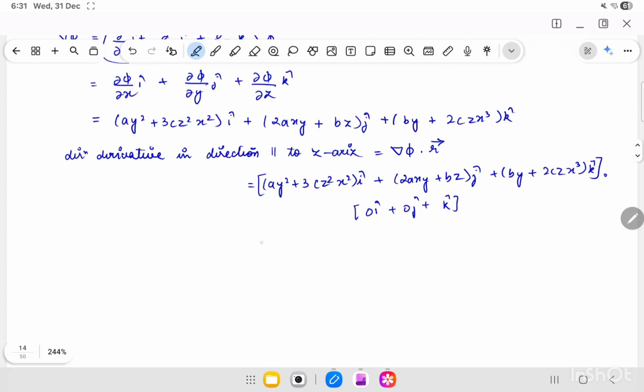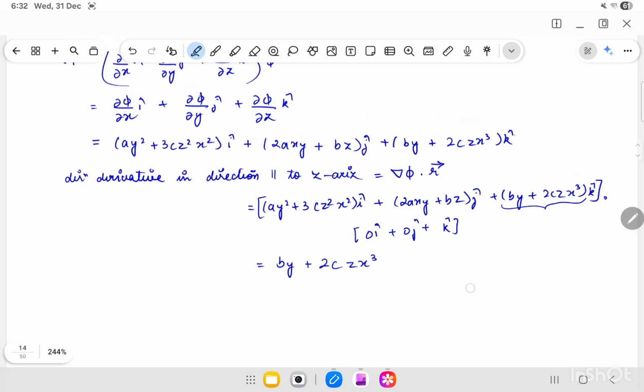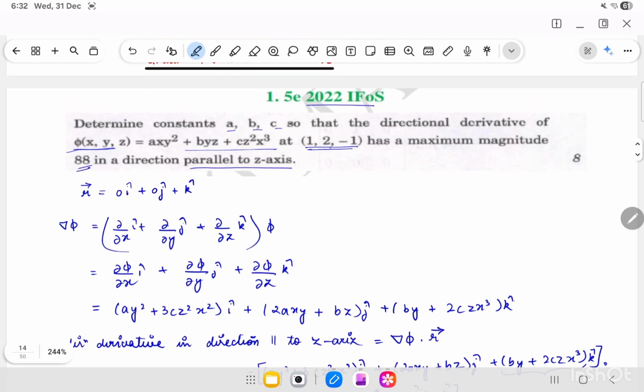If we evaluate this dot product, we will be left with only this term, that is by plus 2czx cube. Now the question says that the magnitude of the directional derivative in the direction parallel to the z-axis at this point is maximum, that is 88.